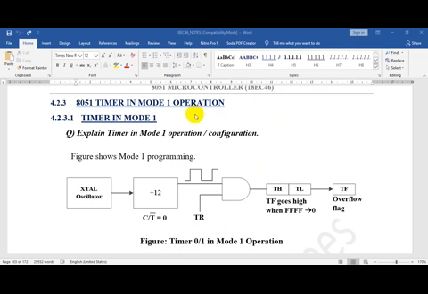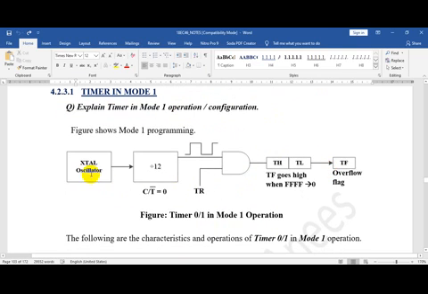See, in case of timer in mode 1, either 0 or 1, this diagram is enough to understand. So you have a crystal which is connected, that is internally divided by 12, then you get the clock for the timer.